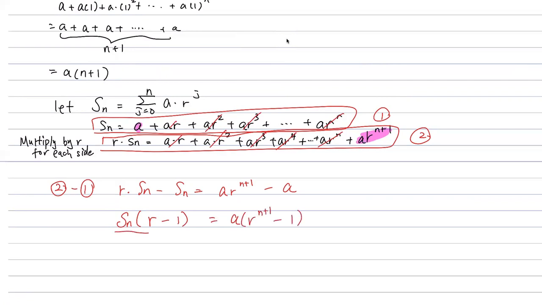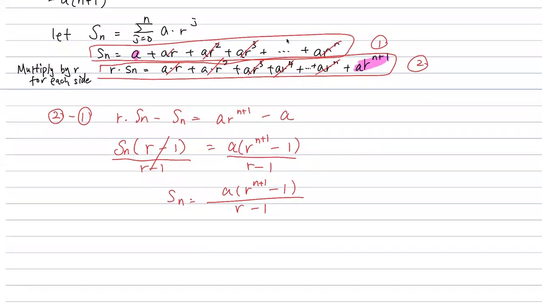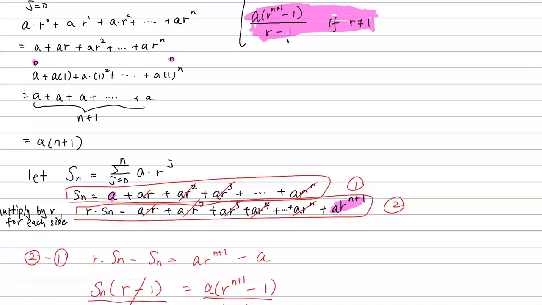And then to solve for s of n, I'm going to divide by r minus 1. So s of n is equal to a times r to the n plus 1 minus 1 over r minus 1. So this is how we got the formula for our geometric series.